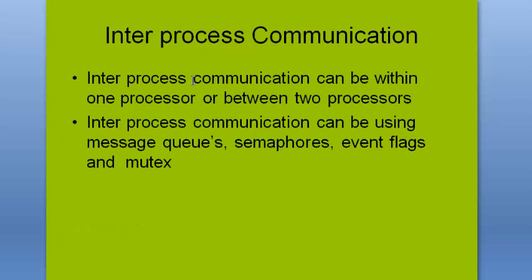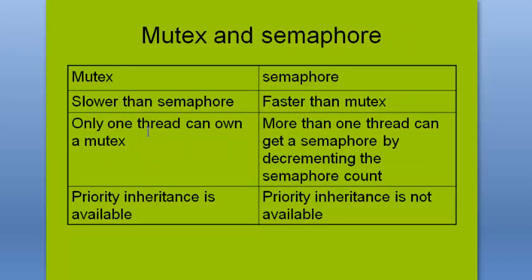Inter-process communication. The process here is a task, so this is inter-task communication. These tasks can run on a single processor or on different processors. Inter-process communication can be within one processor or between two processors. This can be achieved using message queue, semaphore, event flag, and mutex.